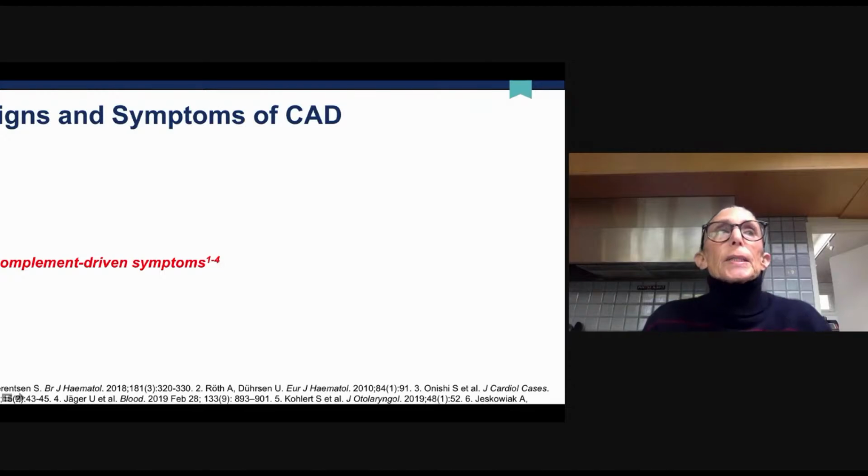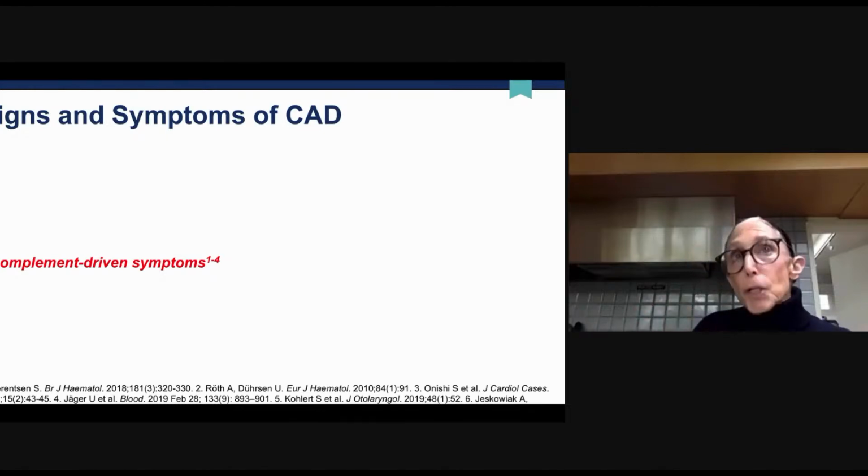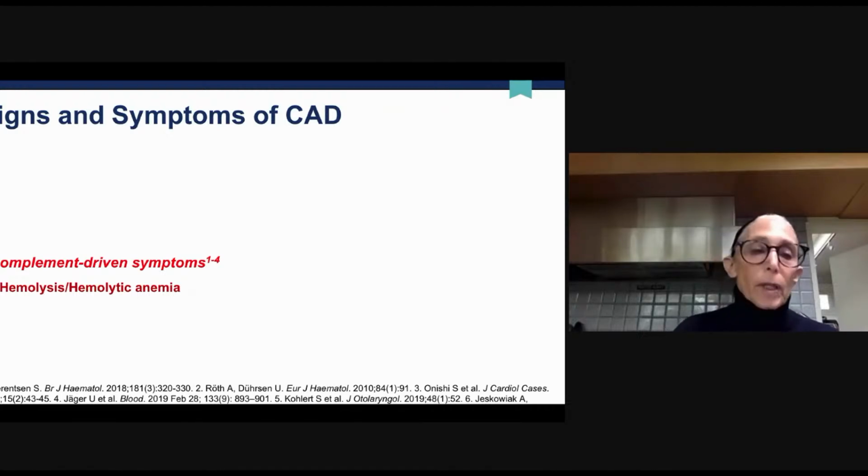So the signs and symptoms of cold agglutinin disease do vary. There are complement-driven symptoms, and then there are agglutination-driven symptoms, and then they sort of merge. So the complement-driven symptoms are the ones you think about more frequently, evidence of hemolytic anemia.